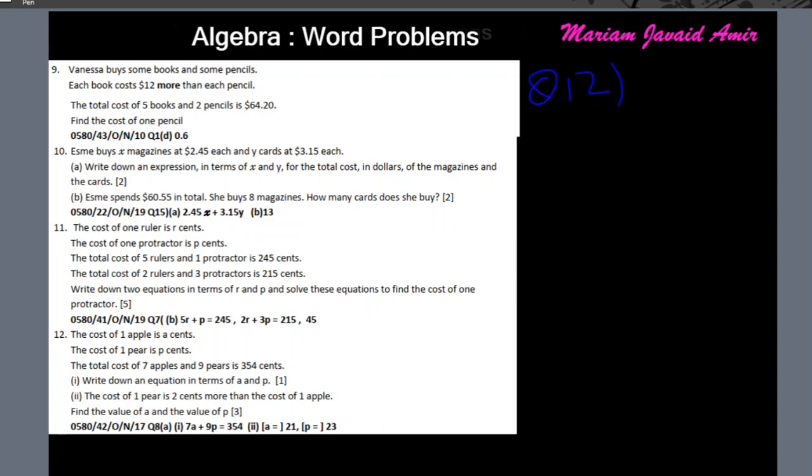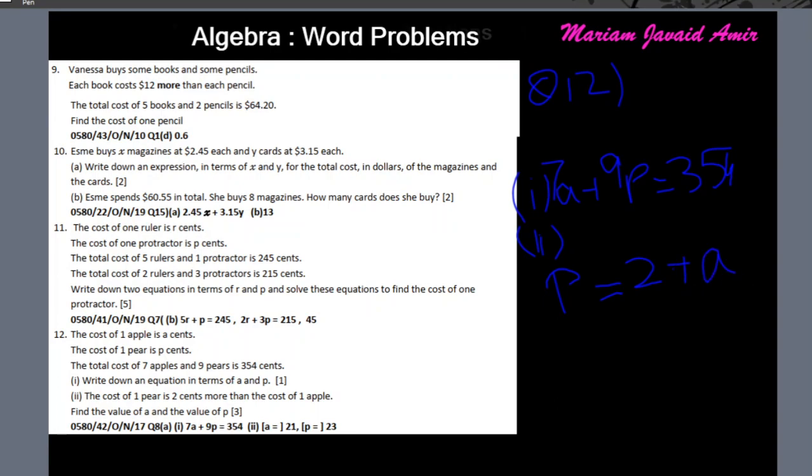which is the cost of one apple is a cents, the cost of one pear is p cents, the cost of 7 apples and 9 pears equals 354, and write down an equation in terms of a and p, which we have written already. Part 2, the cost of one pear, so 1p, is 2 cents more than the cost of one apple.